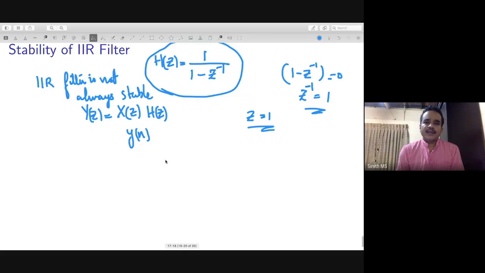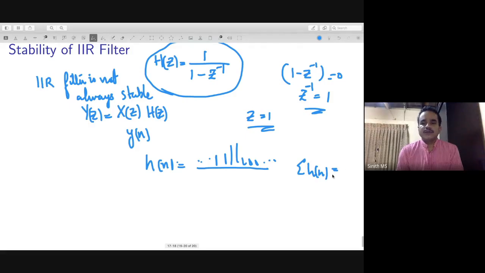So if you take h(n) also, from this you know that h(n) is having infinite impulses. So if we take sigma h(n) square, then this is also going to be an infinite value, and this is not going to be a bounded output.